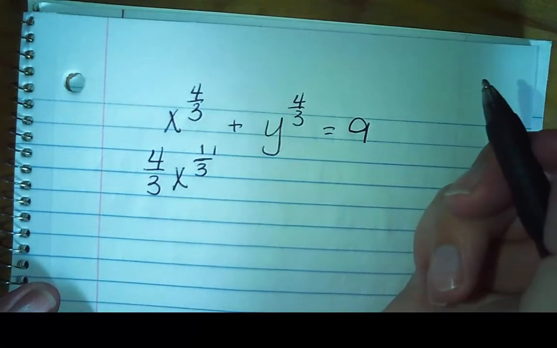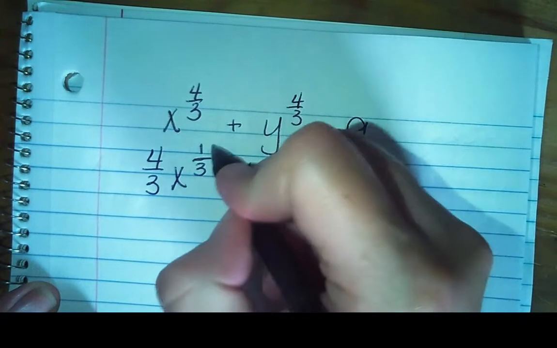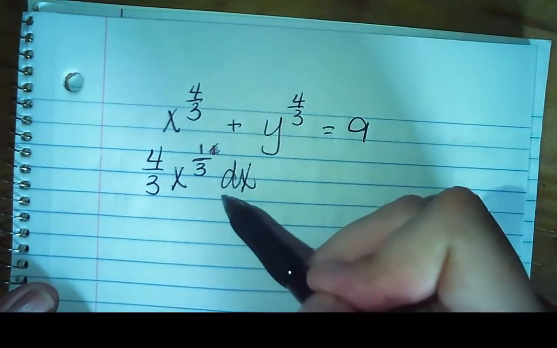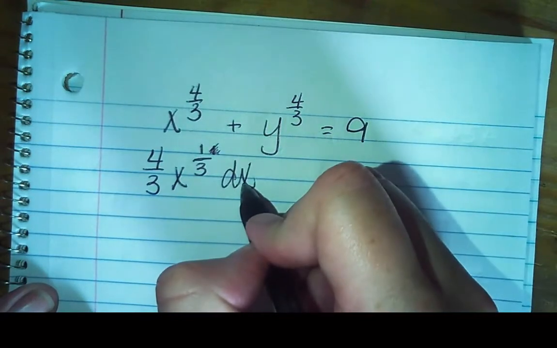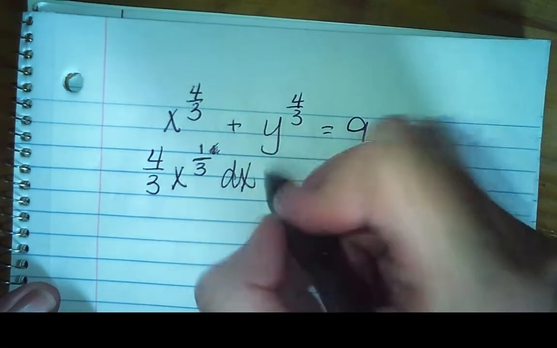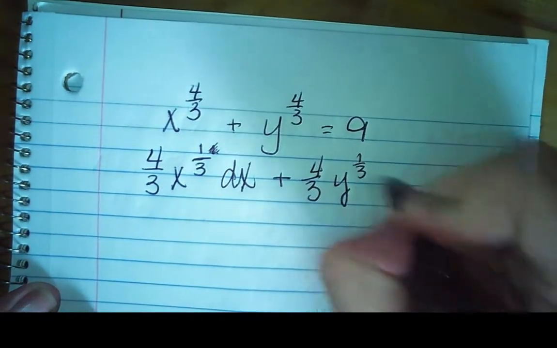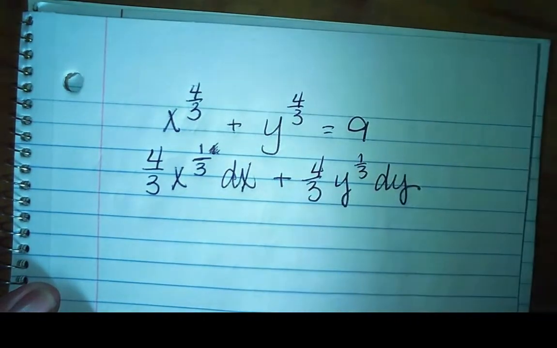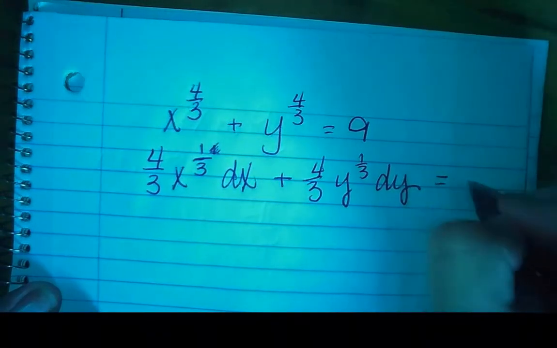Okay, 4/3 minus 3/3 is 1/3 dx. Okay, so you took the derivative of x, so multiply by dx, plus 4/3 y to the 1/3 dy, because you took the derivative of y, equals 0.